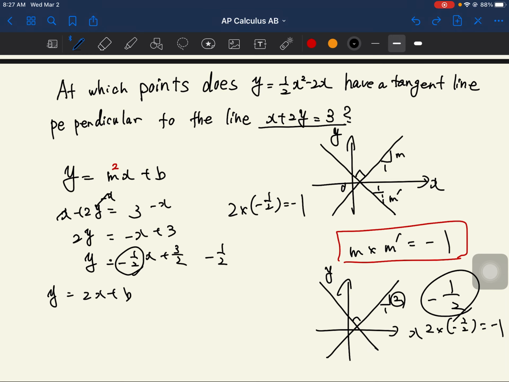Okay. So let's use this function next. y equals 1 over 2 x squared minus 2x. And let's find the derivative of this function. y prime is x minus 2.